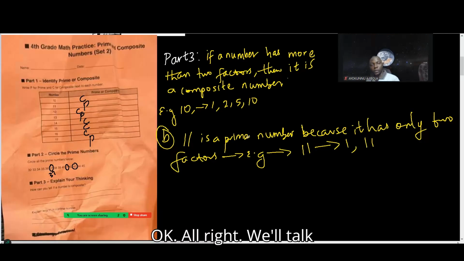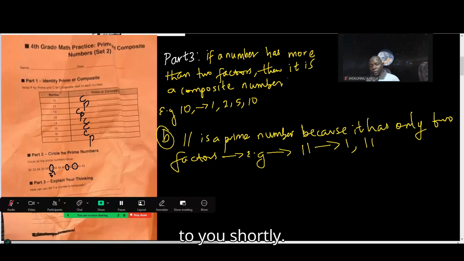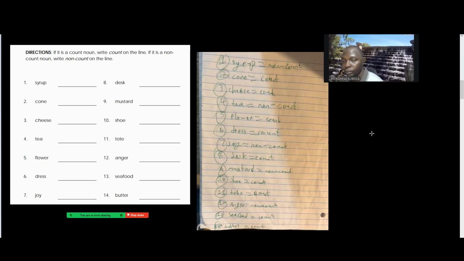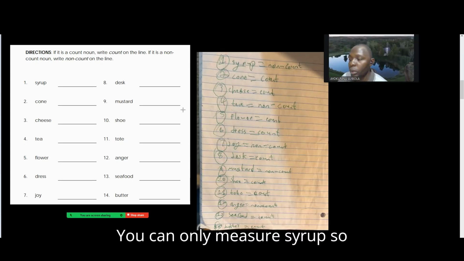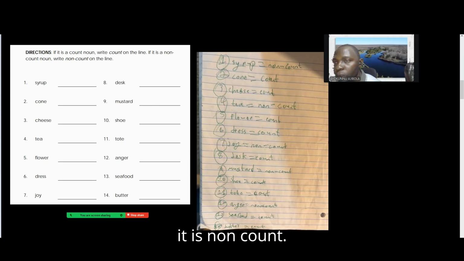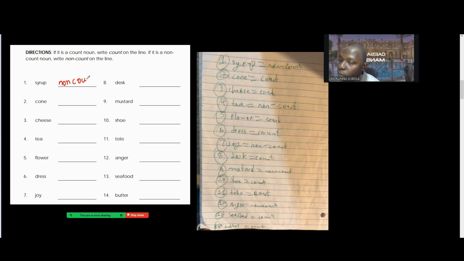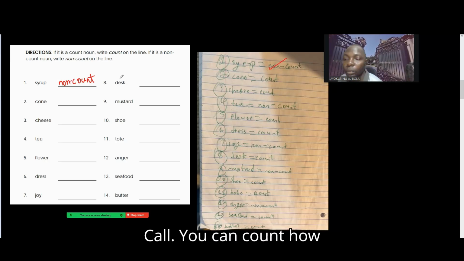Okay. Alright, we're going to continue shortly. So the first one is syrup. You can only measure syrup, so it is non-count. Cone.